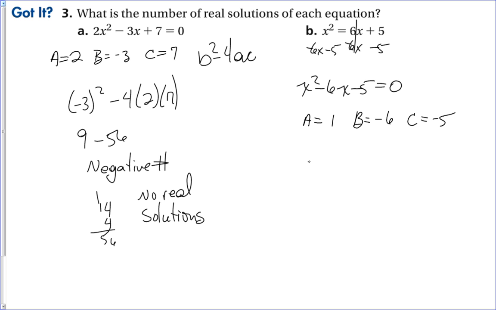Let's plug it in. We have negative 6 squared minus 4 times a times c. So we have 36. Negative and negative is a positive, so that's plus 20. So that is 56. Therefore, the discriminant is positive.